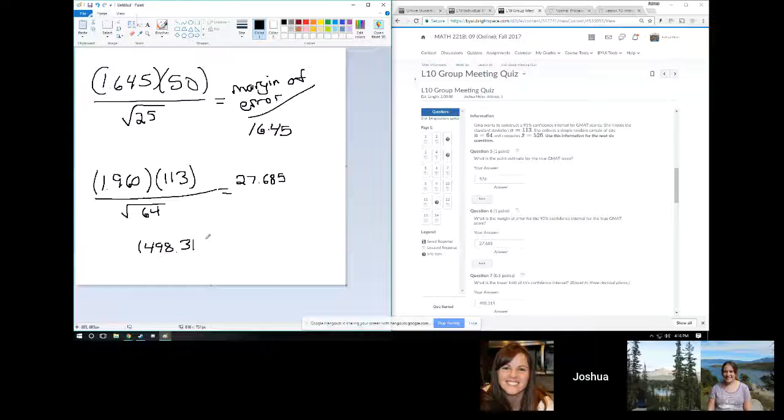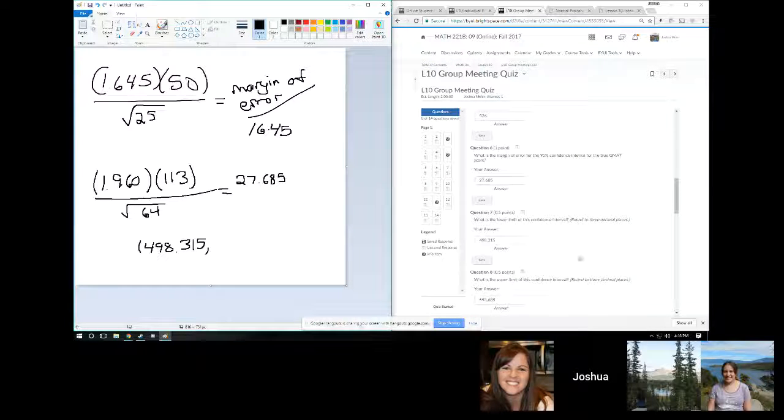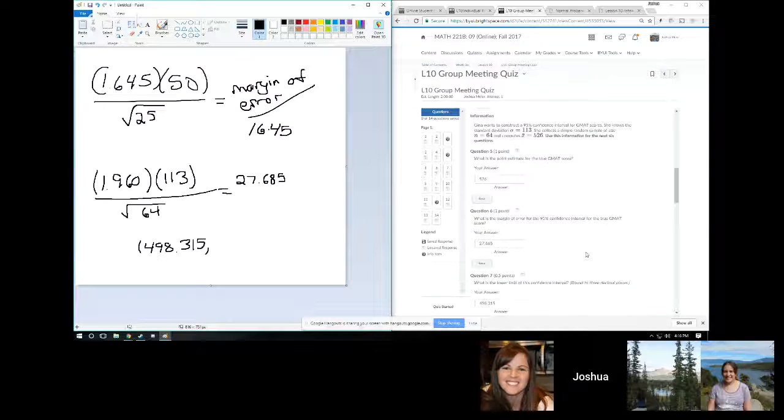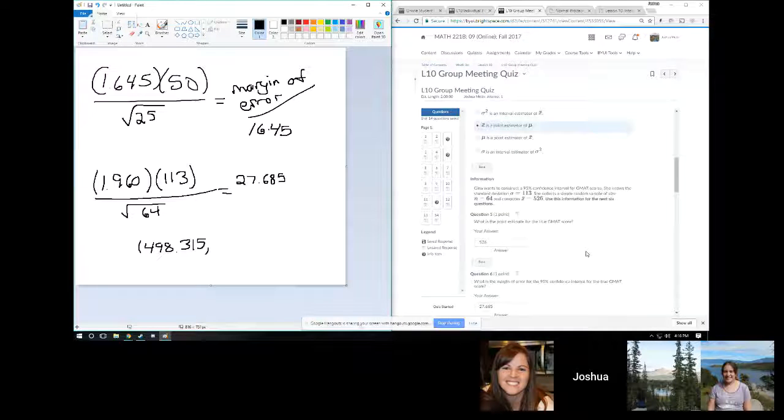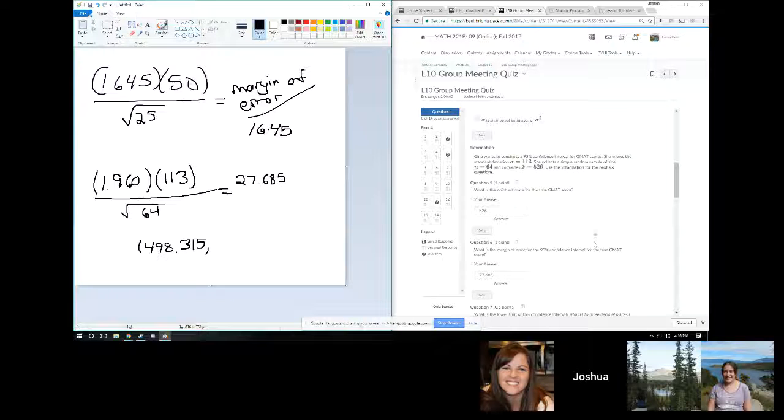Okay, so how do I find number 5? So the point estimate is going to be the mean, the sample mean. So the answer is just 1.960. No, that's the z-score. The sample mean is 526.